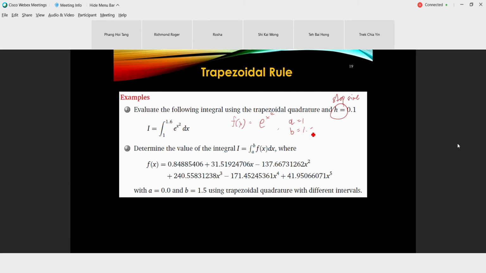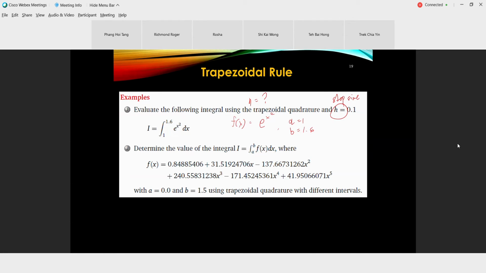Can you determine or calculate the value of n? N is the number of equal spaces. N is 6.